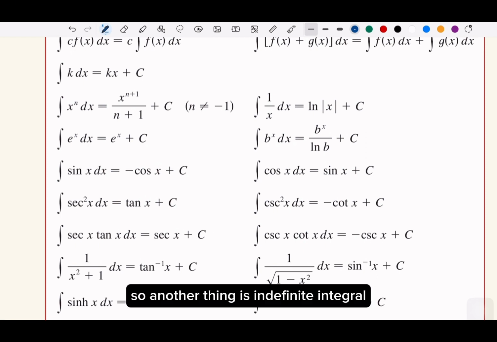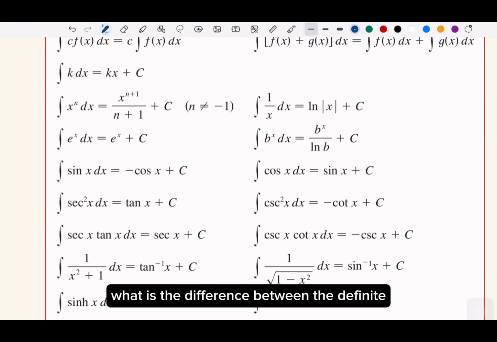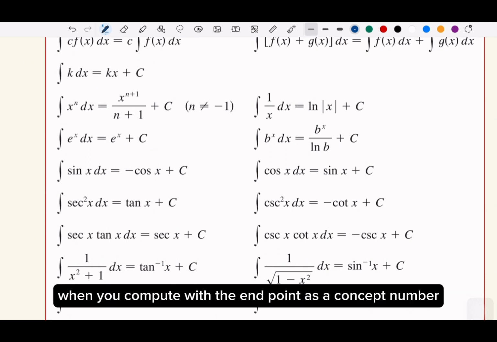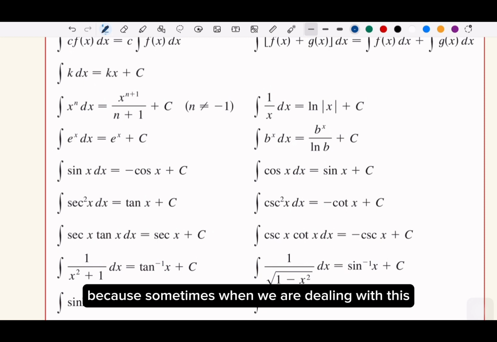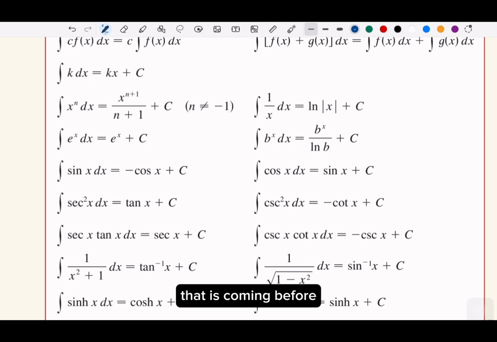Constant. Okay. So another thing in indefinite integral, what is the difference between the definite and indefinite, is this constant. When you compute with the endpoints as a constant number, you are computing the whole thing. But sometimes when we are dealing with this, we are not sure what kind of functions that is coming before we integrate.